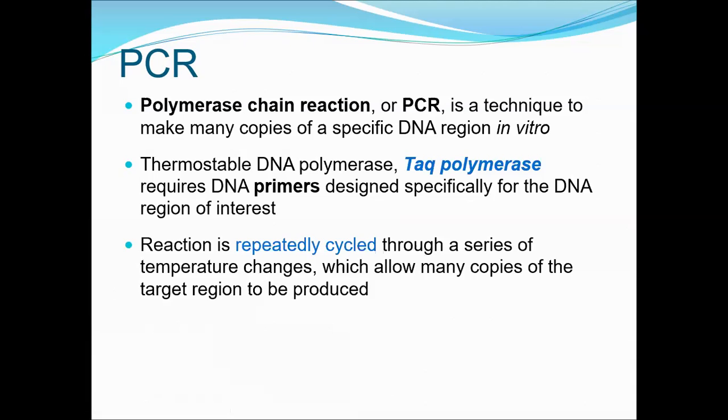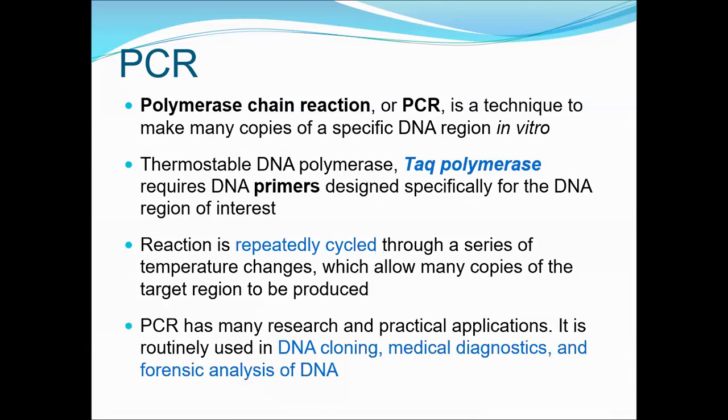So the reaction is then repeatedly cycled through a series of temperature changes. As you have seen in the practical, we use higher temperature for denaturation, and then subsequently we lower the temperature for annealing of the primers, and then we use an extension step at 72 degrees where the DNA polymerase extends the length of the primer based on the complementary base pairs.